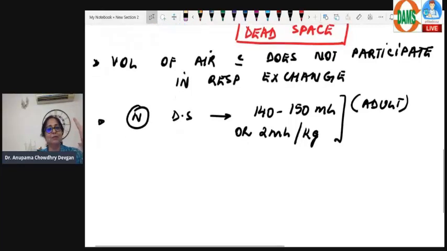Now, there are two types of dead space. There is a physiologic dead space and an anatomic dead space. Let us see what is the relationship between the two.